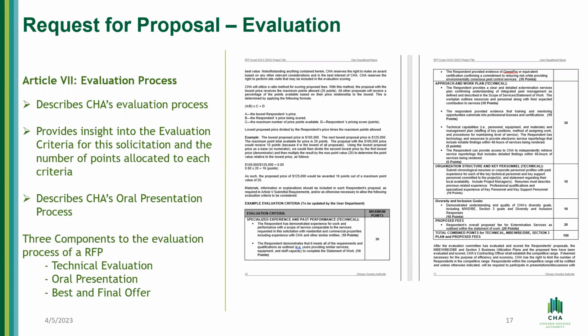Sometimes it's required, sometimes it's not, so it depends on the RFP. The best and final offer is the lowest price: a vendor will reduce the pricing for the contract award. So if you remember, getting the contract in this RFP is based on the best value and the best price.